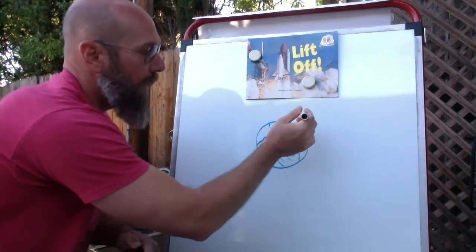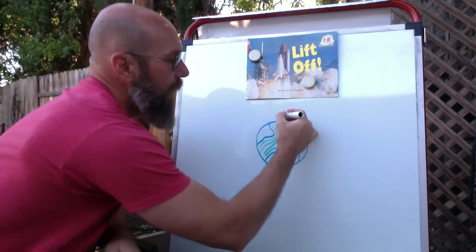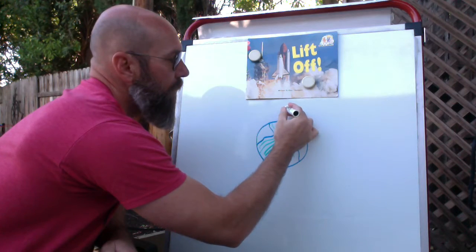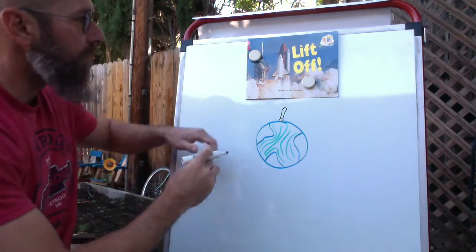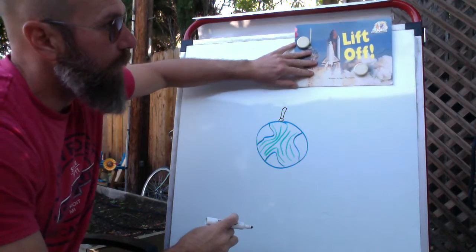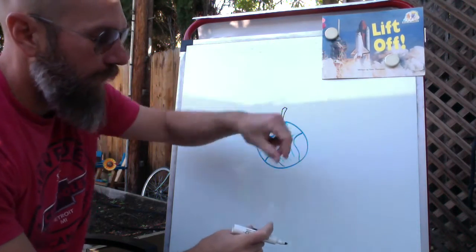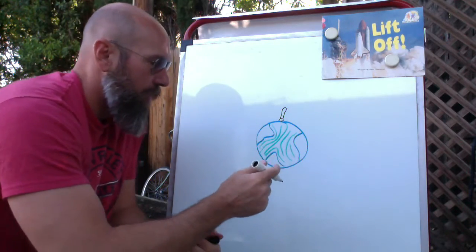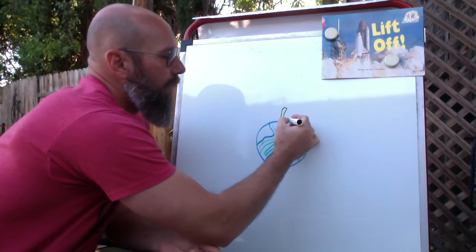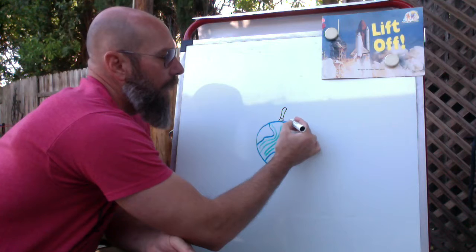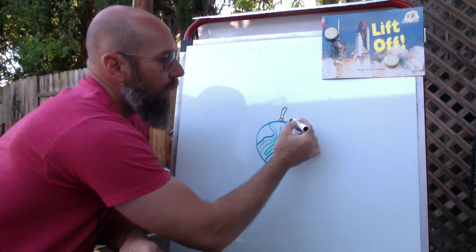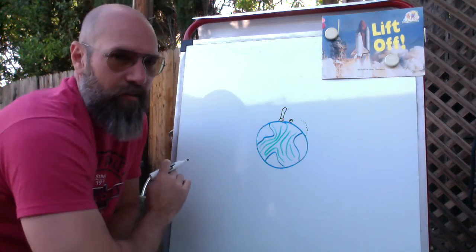Orbit means to go around. So I'm going to draw our rocket ship right here, and in order for us to go into orbit, we're going to have to think about falling. So if I take a baseball and I throw that baseball as hard as I can, it's only going to go right there.